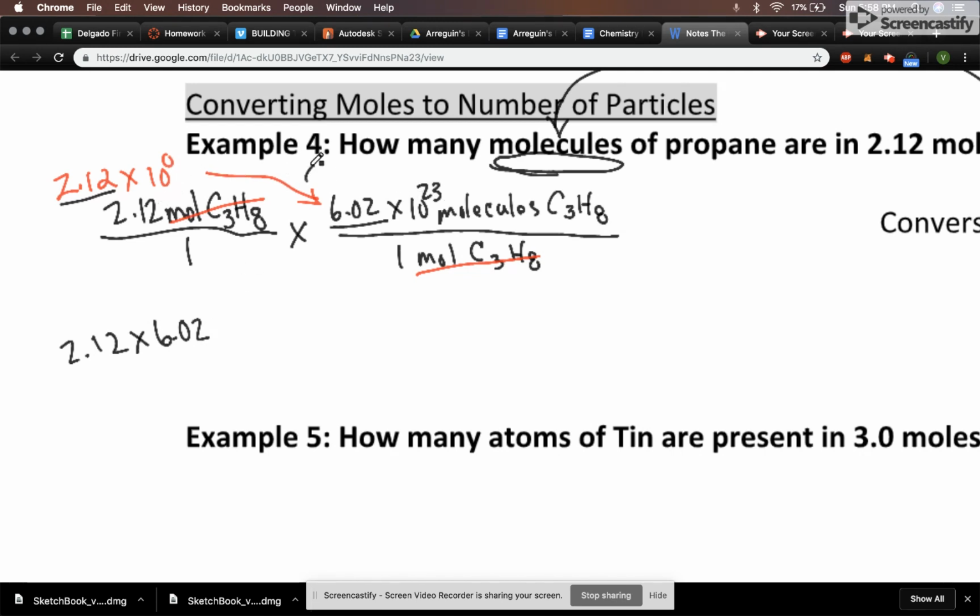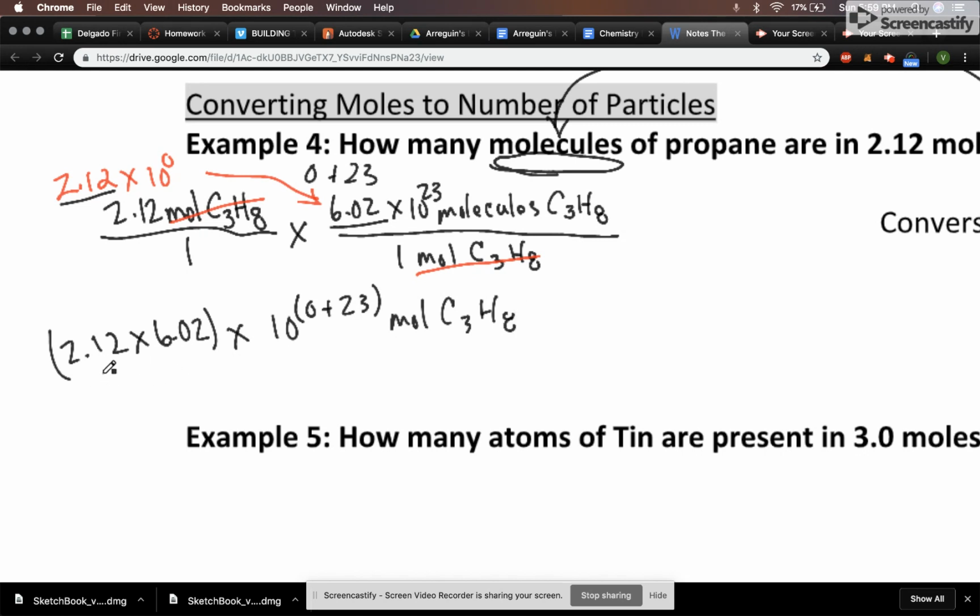Here we have 0 plus 23, because they have the same base, so we can add the exponents. That turns into 10 to the 23, which stays the same. We put in our parentheses and multiply by 10 to the 0 plus 23. This is the correct way to set up our equation. And we can't forget our mole of propane, C3H8.